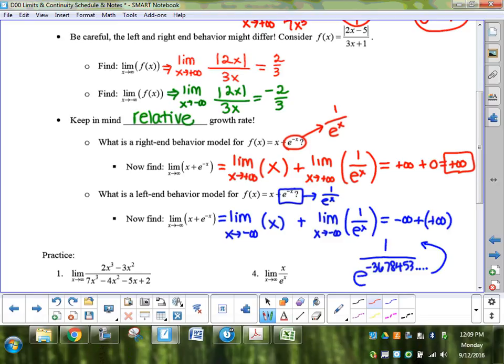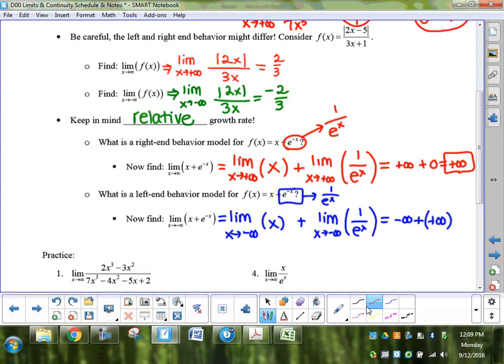Now we have to ask ourselves this. You've got two things pulling the behavior of this function. You've got an x and an e to the x, because negative of negative e to the x and e to the x. Which half is growing faster? The part with the e to the x. So which one is sitting in the driver's seat?